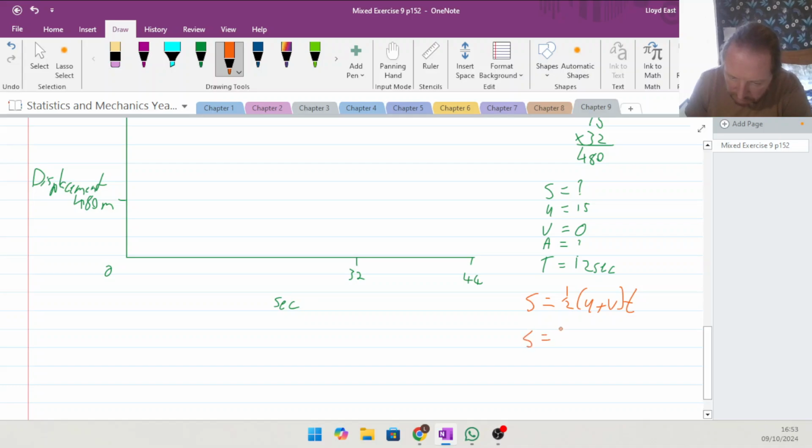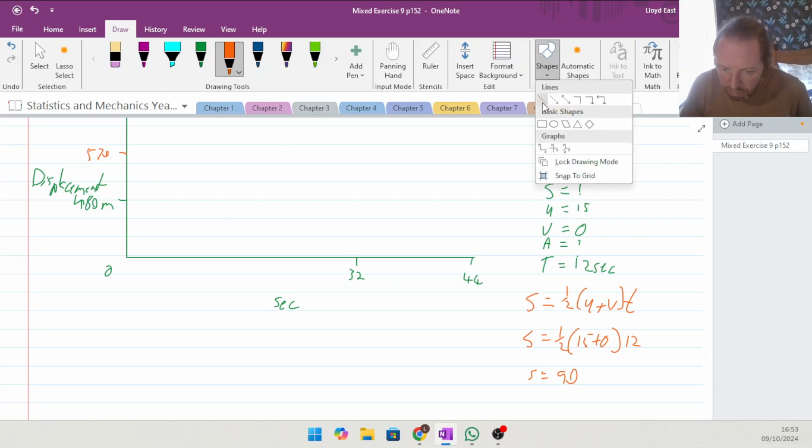So s is equal to a half of (15 plus 0) times 12. And 15 times 12 is 180, divided by 2, 90. So s is equal to 90. So we do 480 meters, and then 480 plus 90 gets us to 570.